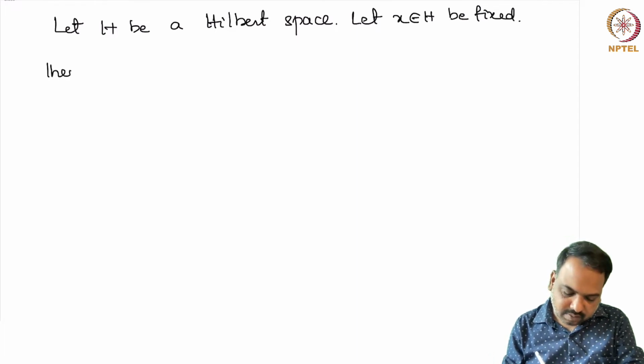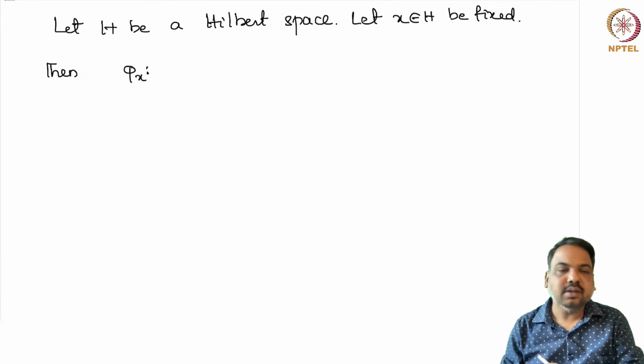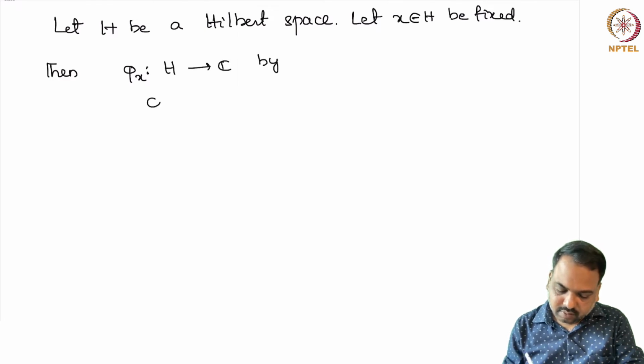Then we can define a functional depending on x, from H to C, by phi_x at y is the inner product of y with x, for every y in H.